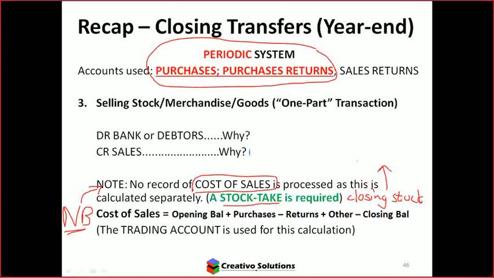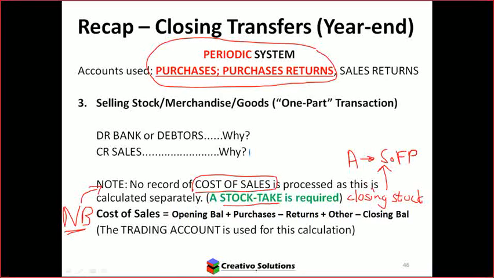Give me the element. Asset. Good. So if it's an asset, where does it go? On the debit side? No, that's the rule for the asset. Where do assets get disclosed? On the statement of financial position. Good. That's the answer I'm looking for.